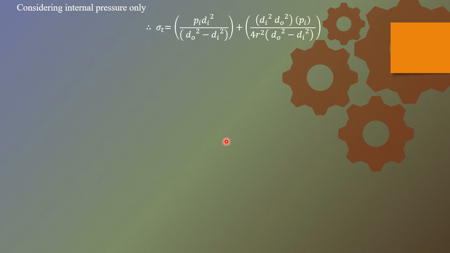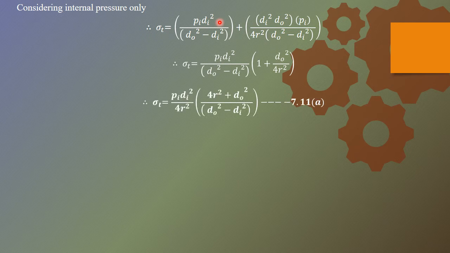We'll simplify it by considering only internal pressure by making external pressure equal to 0, and later consider only external pressure by making internal pressure equal to 0. Okay, so if you consider only internal pressure, then P naught will be equal to 0. And then you can further simplify.